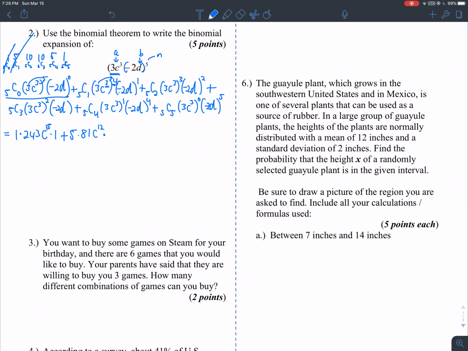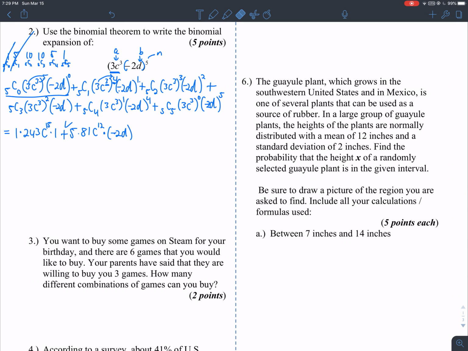Ooh, a negative to an odd power is still negative, so I'm just going to write it like this. You can directly change the sign already to a minus, because all of this is multiplication, and it's a plus times a minus, but I'll just go slower and leave it like that. Okay, and then plus, so we're done with this term.